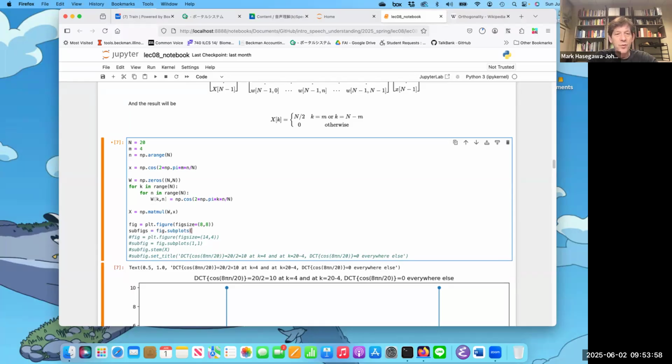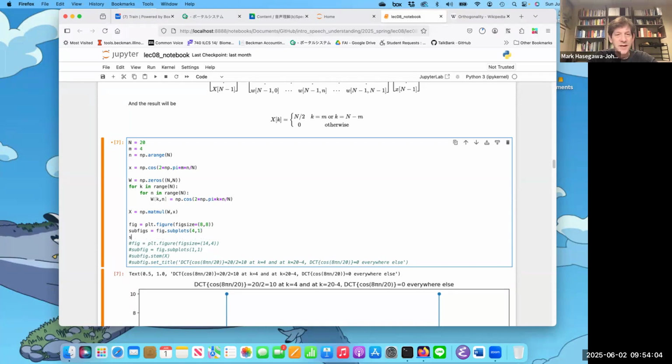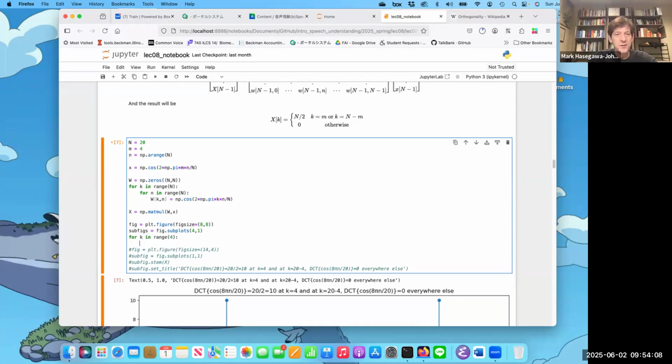Let me create 4 different subfigures to show you the first 4 rows of this matrix. So let's say for k in range up to 4, we'll plot the first 4 rows of the matrix. In subfigs k, we will plot w of kth row.